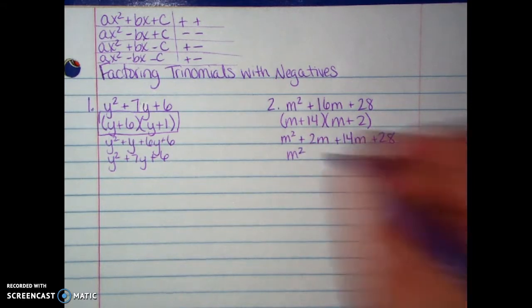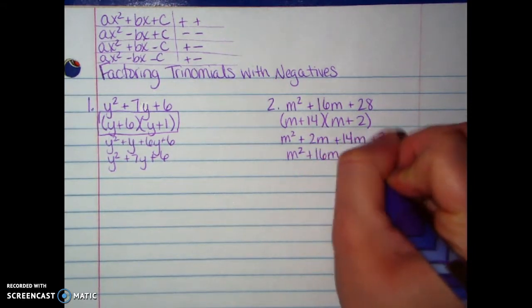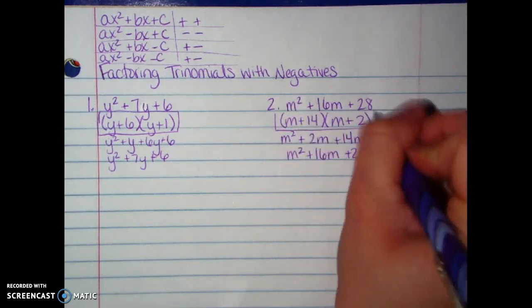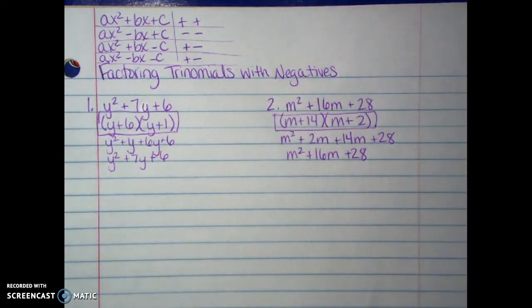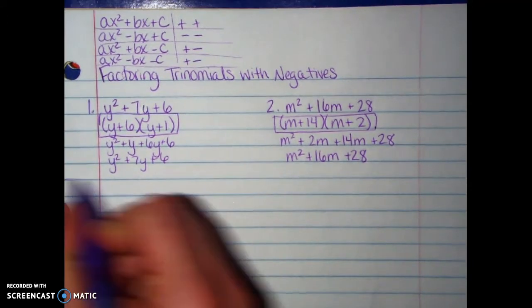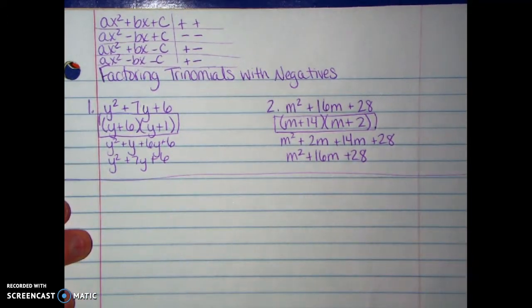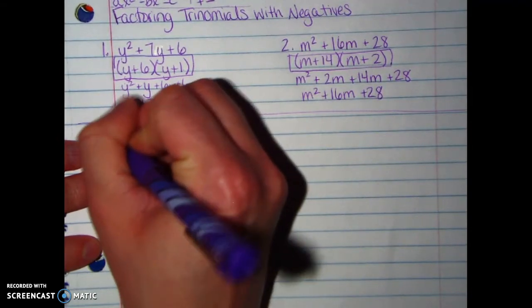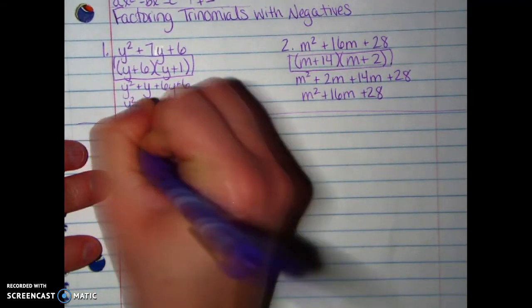And that is 16m plus 28, which is what I started with. So I will go back and box my answer. So hopefully those weren't too bad. Let's go on and do different ones. So these will stretch your brain a little bit, but that's okay. It's good to struggle every now and then, believe it or not.